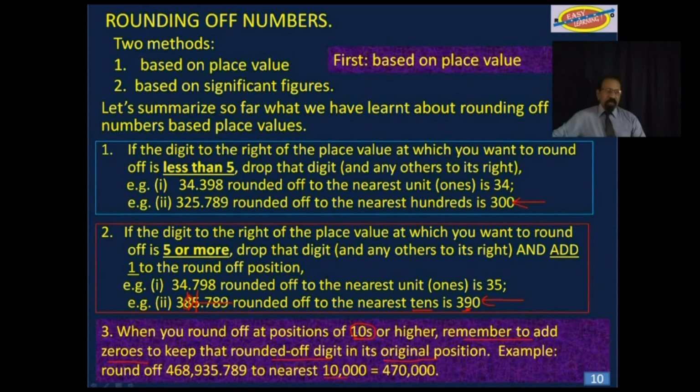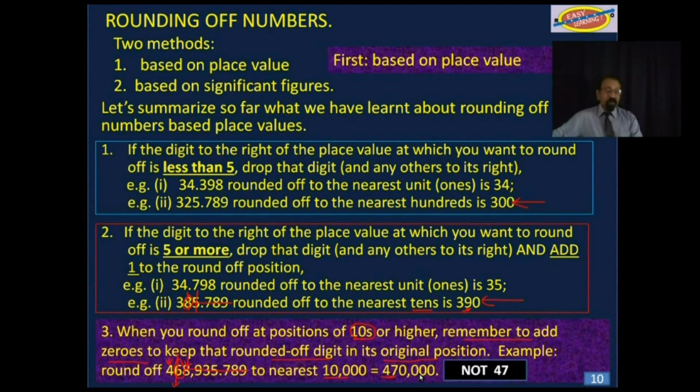468,935.789 to the nearest 10,000, that is this position here, the digit immediately to the right is 8, so you would increase the 6 by 1, so that will give you 7. You drop everything on this side, but remember to add zeros so that that 7 and that 4 are retaining their original position.